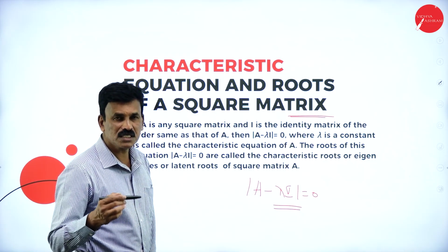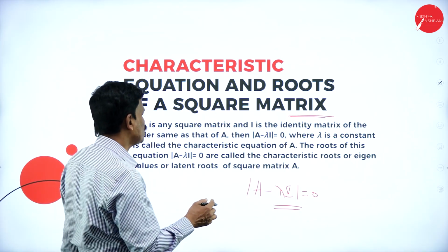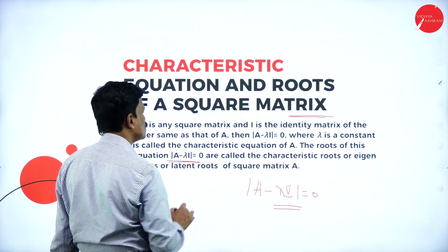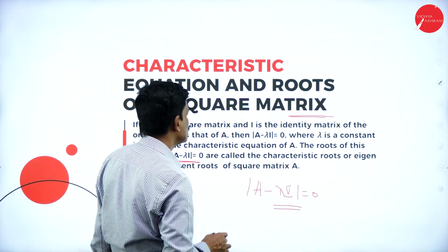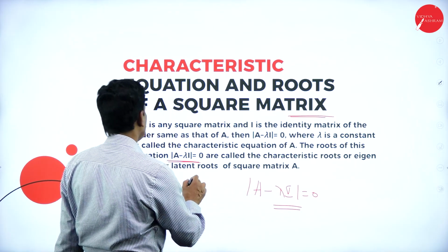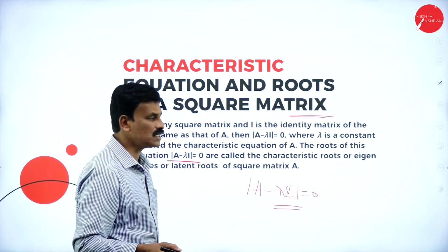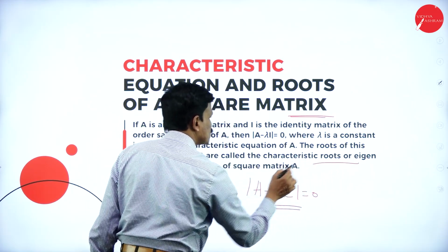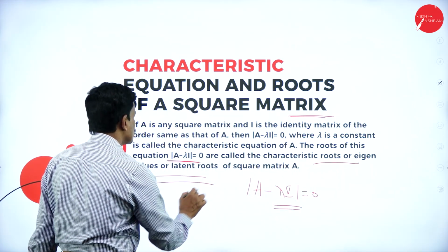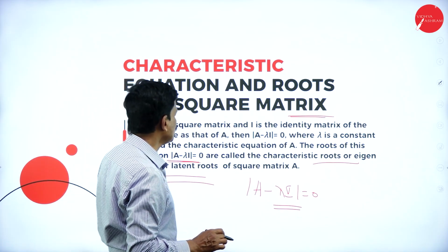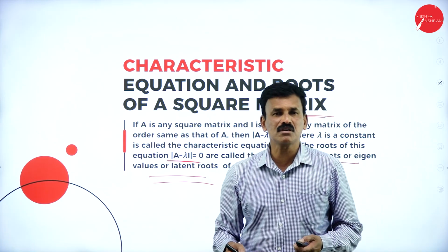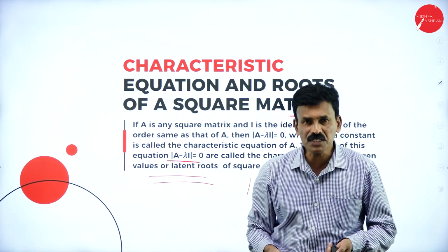If A is any square matrix, then lambda is a constant, determinant of A minus lambda I is equal to 0 is called the characteristics equation of A, and the roots of this equation are called the characteristics roots, or the eigenvalues, or the latent roots of the square matrix.